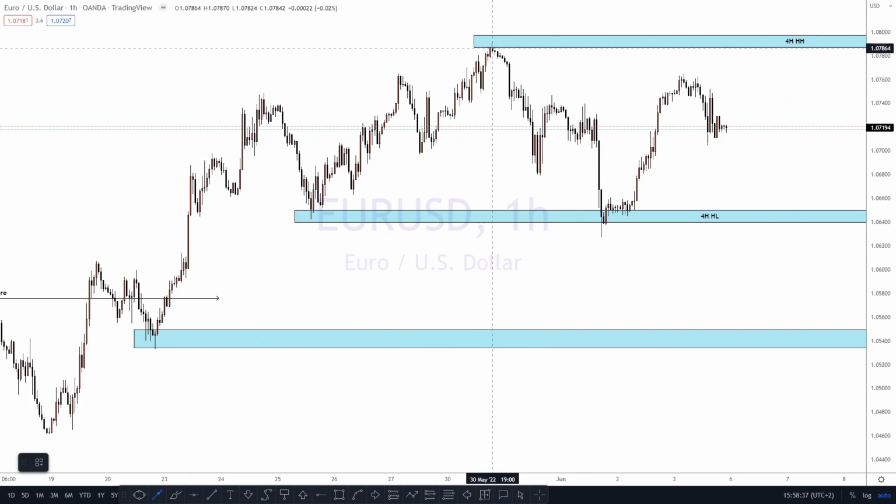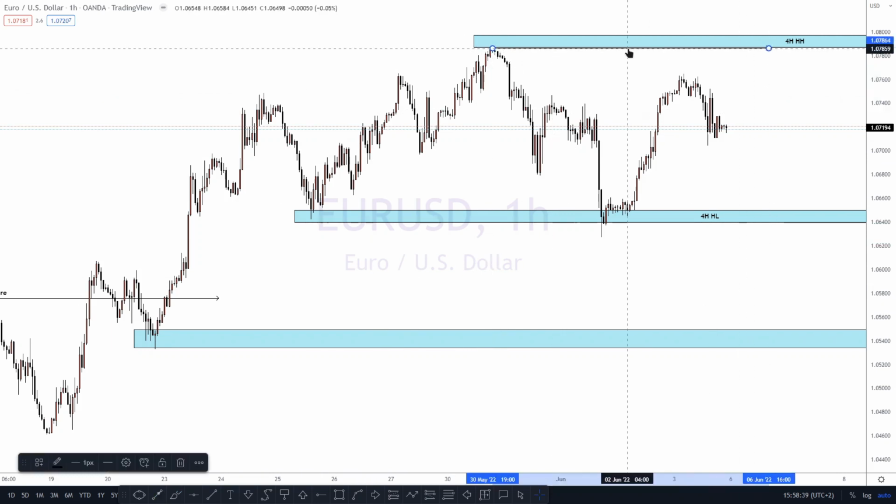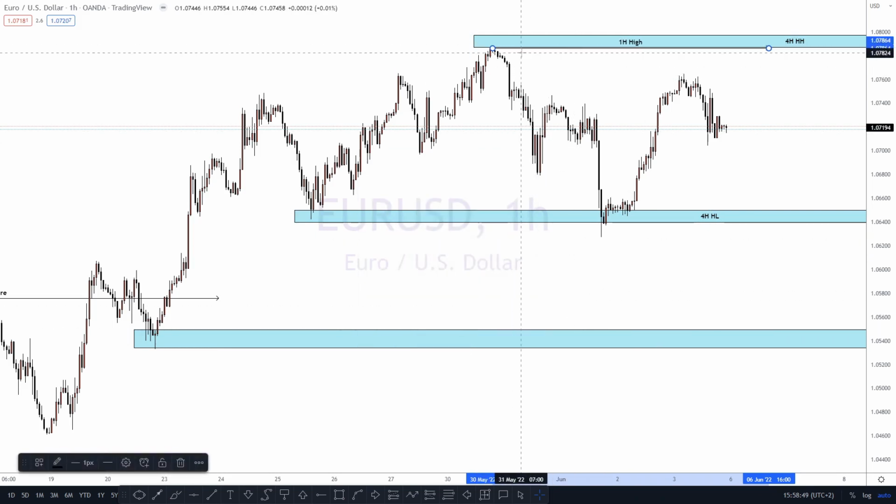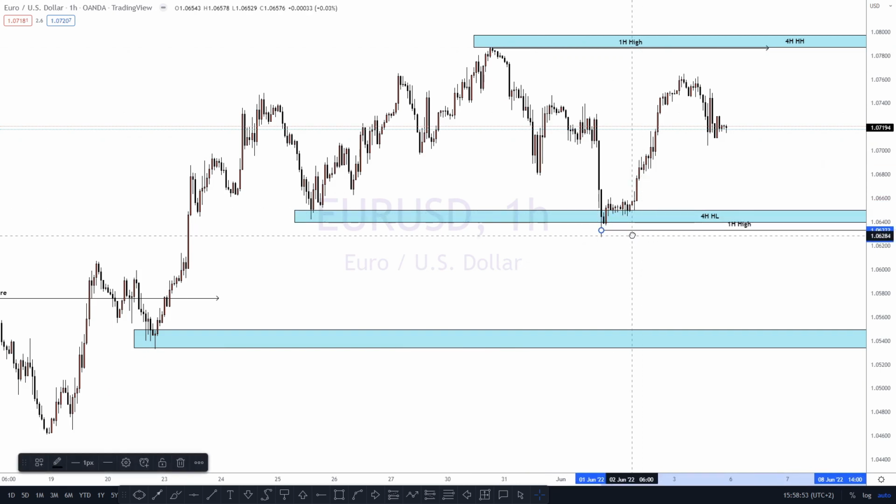So this is now a 1H high, not higher high, it's a 1H high. Then what we have here is a 1H low.